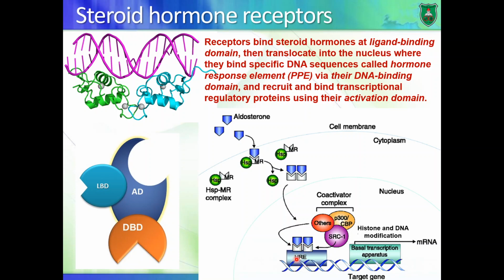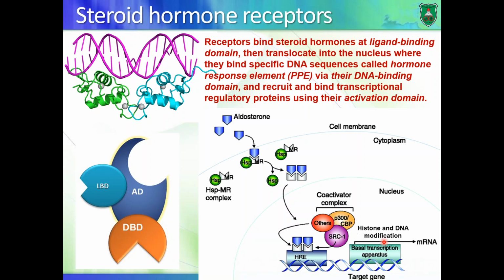So it binds to the hormone response element of certain genes, and then co-regulators would bind to the androgen receptor, and these would modify DNA or histones, relaxing DNA in case a gene needs to be expressed, or actually forming heterochromatin in case a gene needs to be repressed.